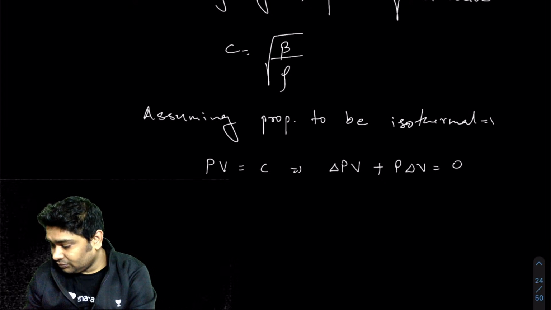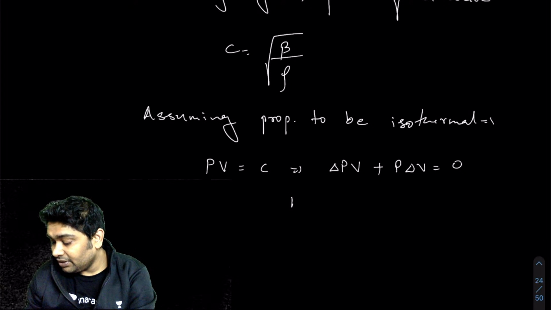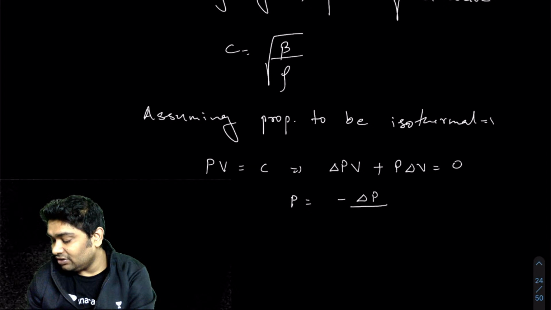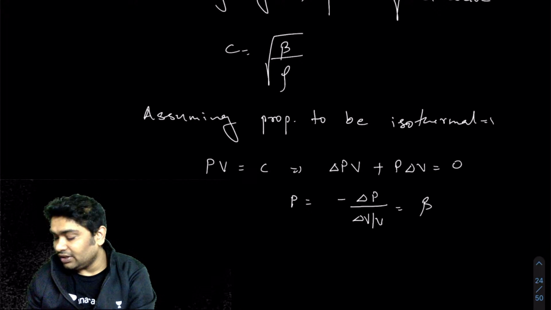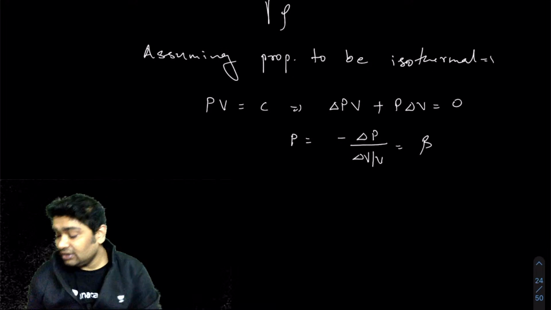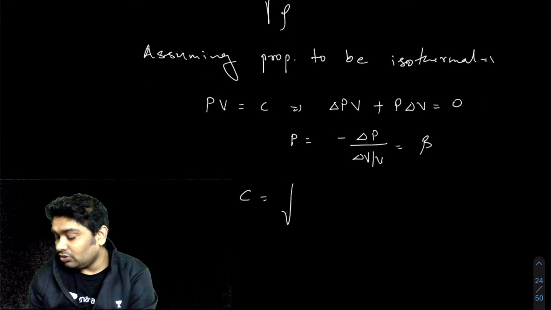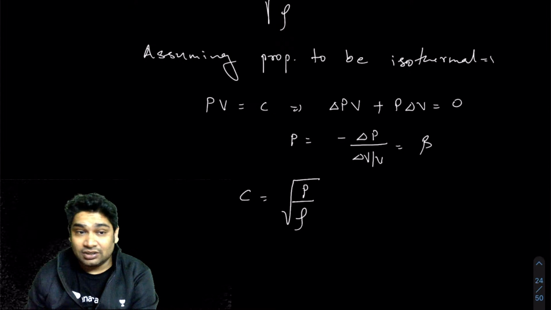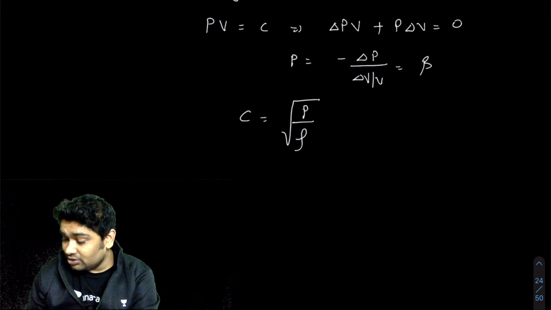So P equals minus delta P over (delta V over V), which is equal to beta. So P equals beta. In that case, c becomes equal to root of P over rho, where P is the pressure.